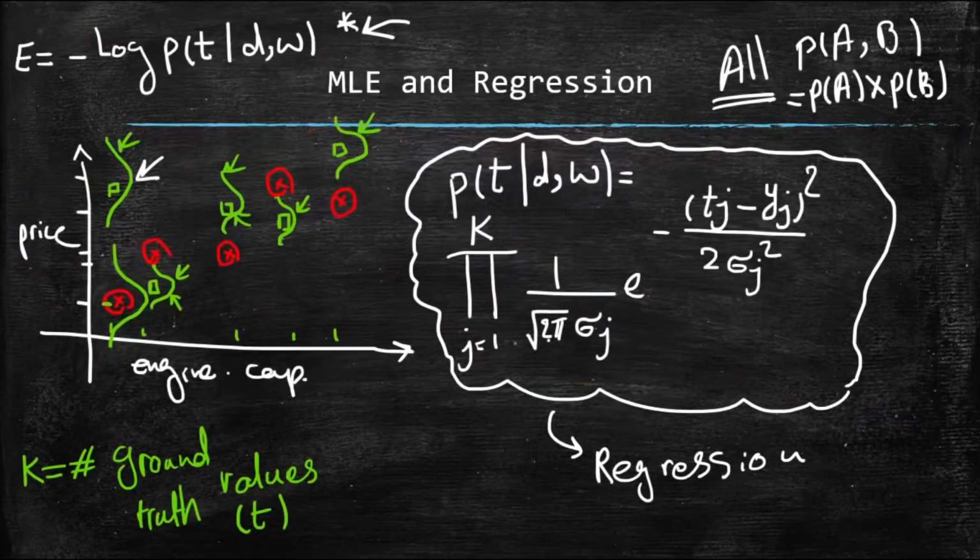So the sigma of j for each one of them equals 1. They consider it to be constant. So the only thing that they're going to play with is the center of the Gaussian, just by shifting it up and down, to find the best Gaussian that would describe the ground truth.